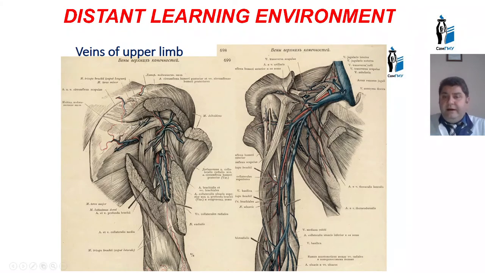in distal parts has two accompanying veins, brachial veins, but in the proximal part the two brachial veins merge into one brachial vein which accompanies the brachial artery in proximal parts.